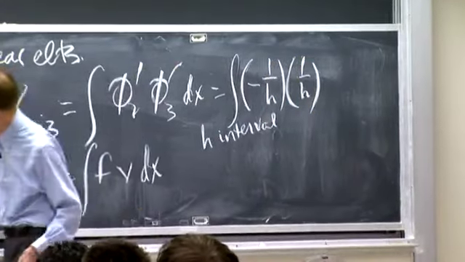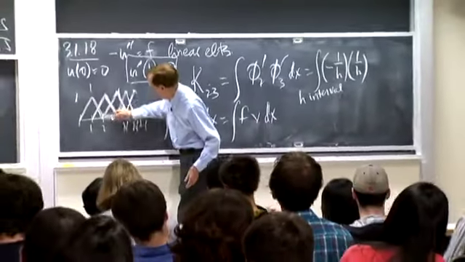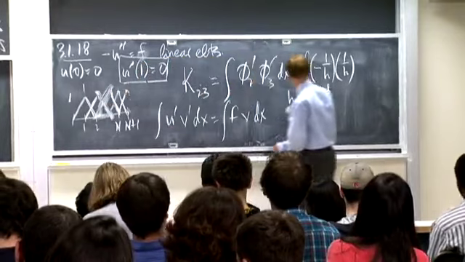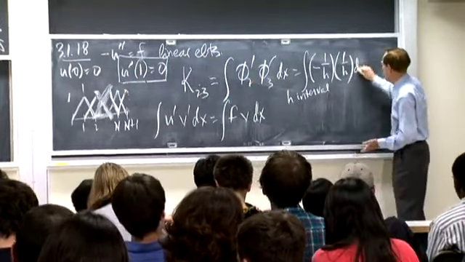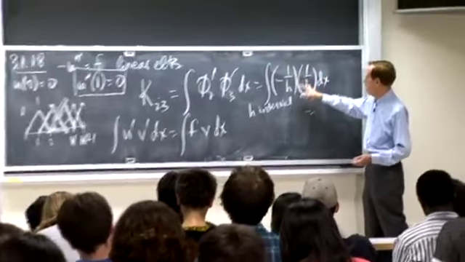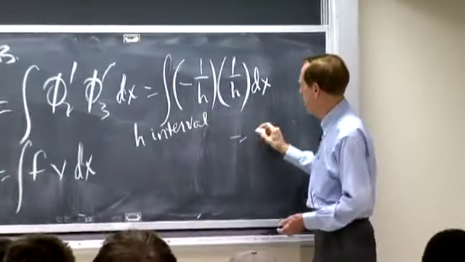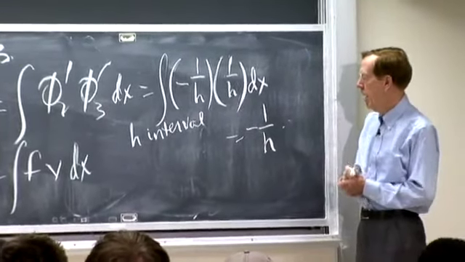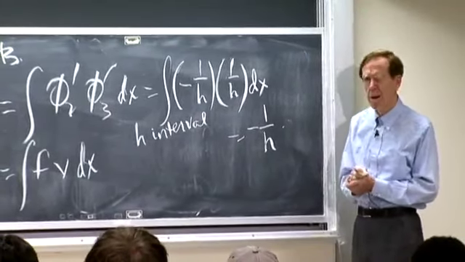The 2 overlap only here, where this one's coming down and that one's going up. So dx, and the great thing is, of course, we have a constant, so I have minus 1 over h squared times h, minus 1 over h. That would be K23.